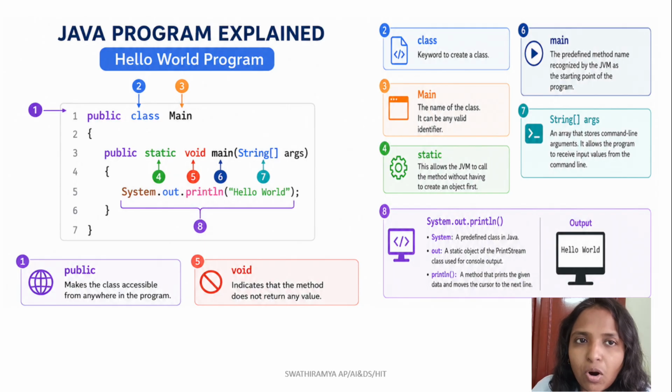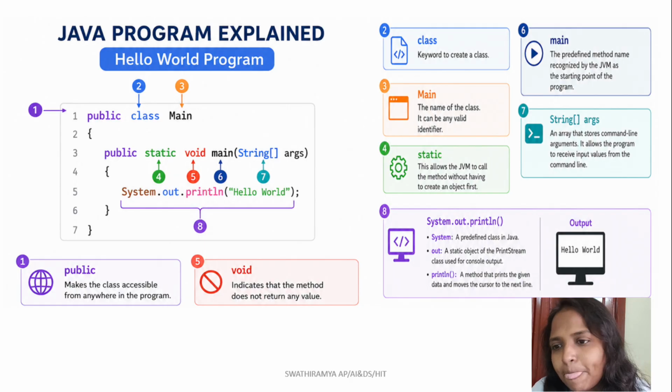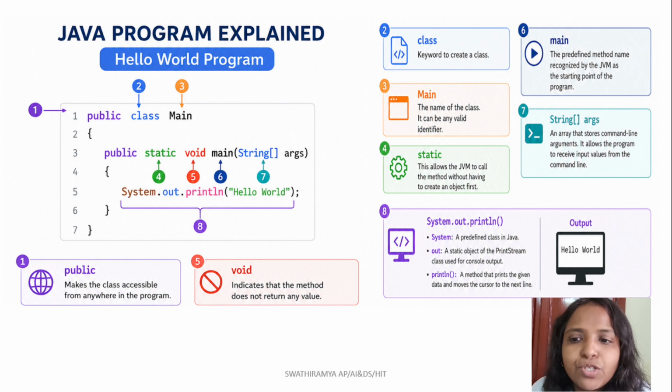It has to be called automatically. For this main class we are not going to create any object at all. The memory will be allotted automatically, and the function should be called automatically because this is the main class. So for automatic invocation we use this keyword static. This will allow the Java virtual machine to call the method by default.